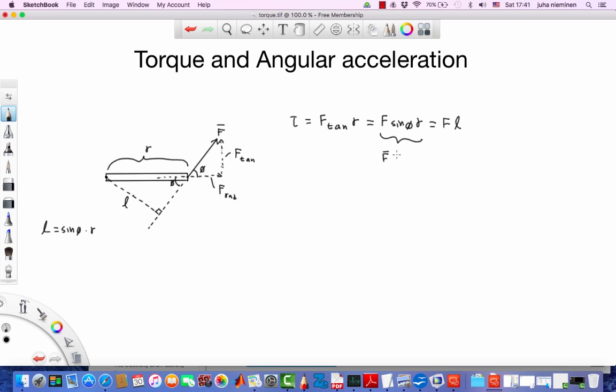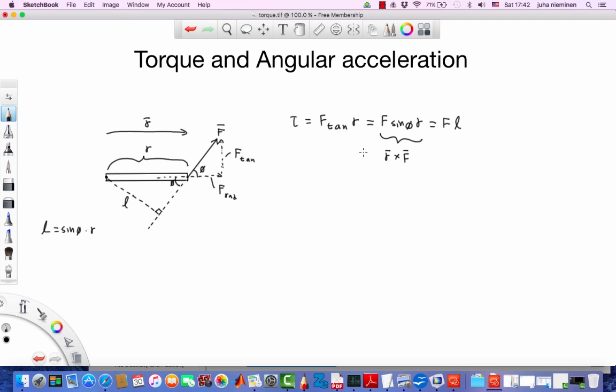The order does matter when we write them in vector form. So it's a cross product between the directional vector r from the pivot point to the point where the force acts, here we have vector r in our case, and here we have the F.